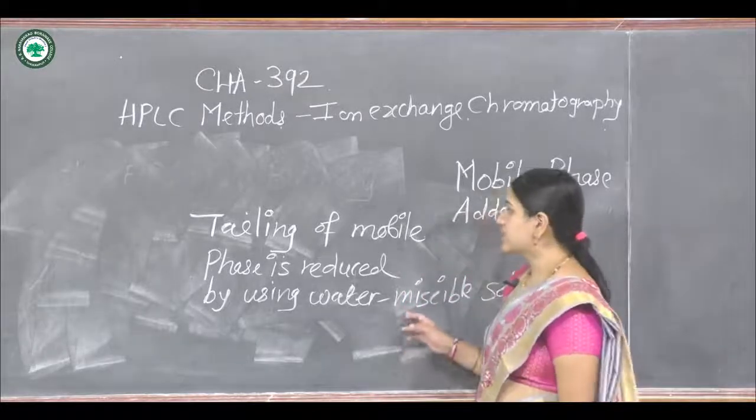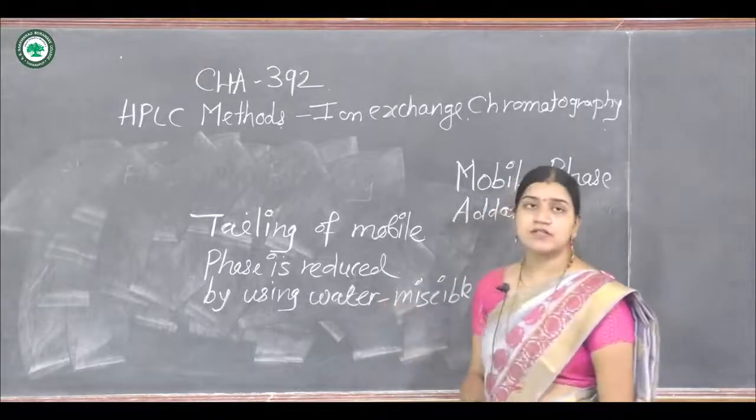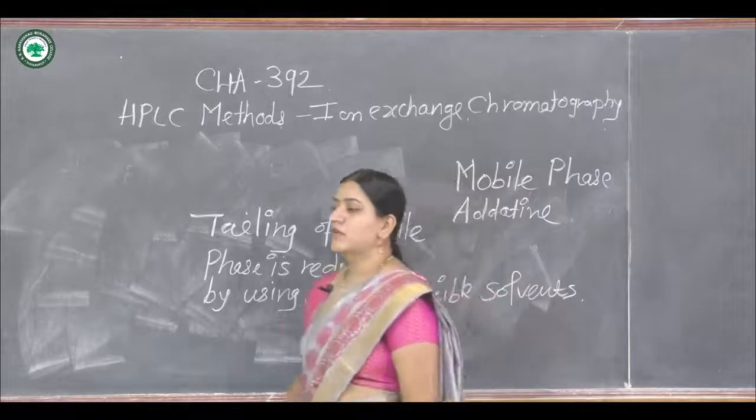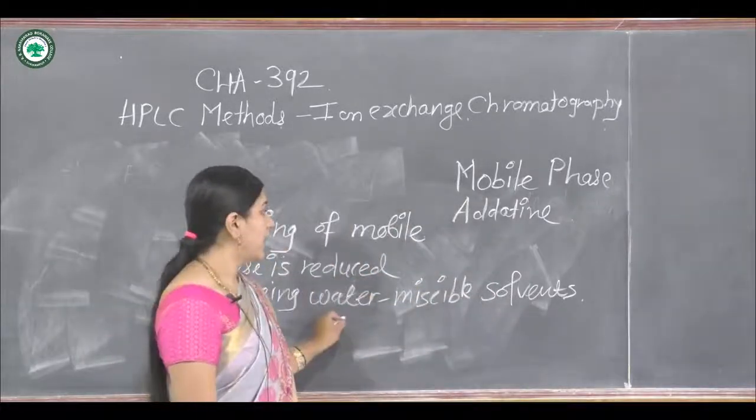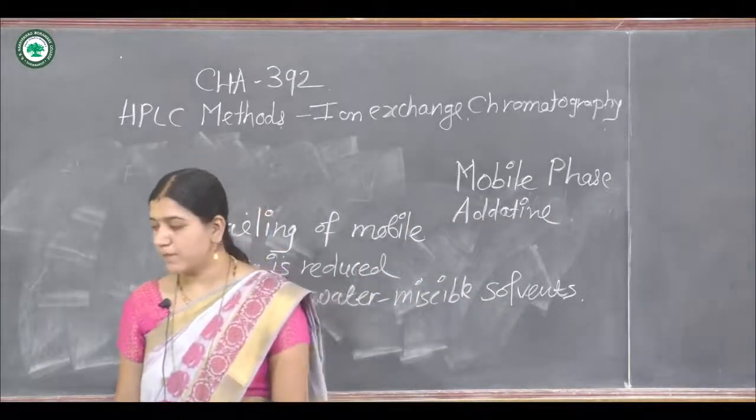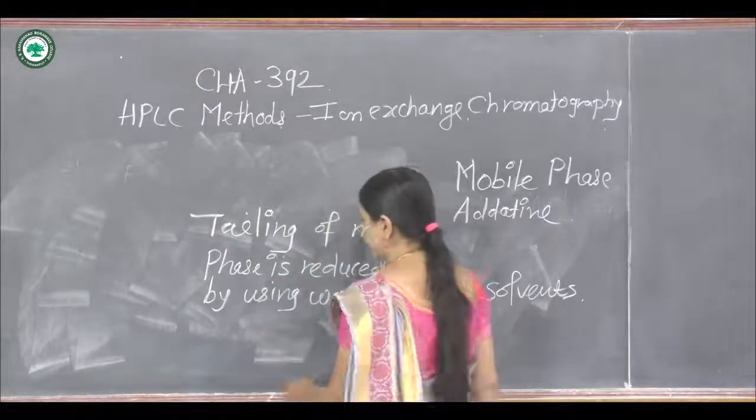So in this case, the tailing of a mobile phase is reduced by using the water miscible solvent, and therefore the appropriate pH is maintained.